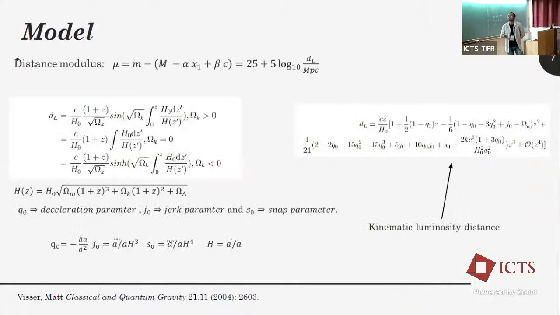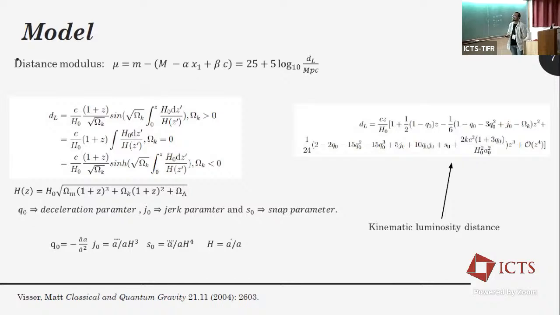In the model I am taking, the distance modulus is given by the apparent magnitude minus the standardized absolute magnitude, which is given by this, as we had seen earlier. From the FLRW metric, we can calculate the luminosity distance to be this.